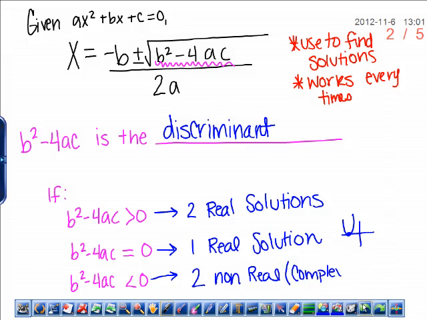No, there will never be just one imaginary solution. Remember that they come in pairs of their complex conjugates. So it's always 2 plus 3i and 2 minus 3i. They always have to come in pairs. Okay?